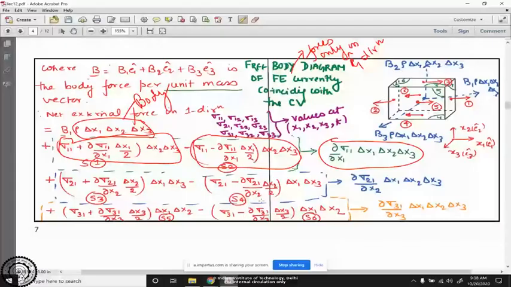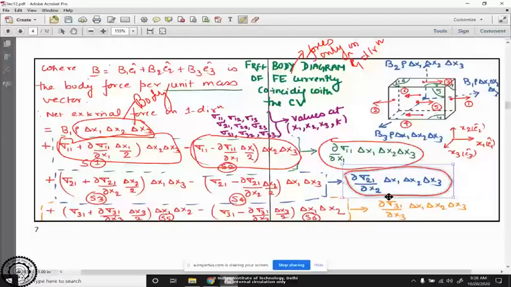Similarly for 3 and 4, whatever we have, you can see that this will simplify to del sigma 21 del x2, the derivative of 21 in the second direction, that decides the net force acting in one direction because of surfaces 3 and 4.